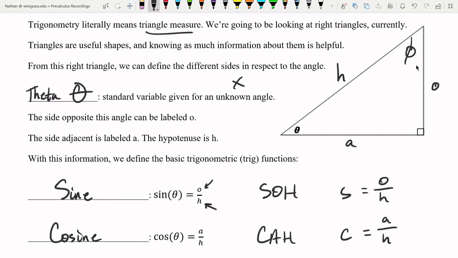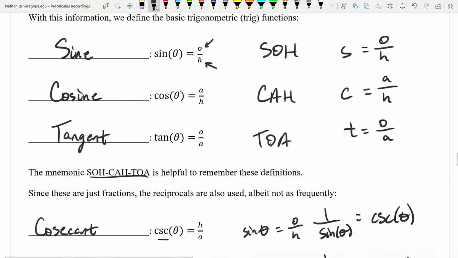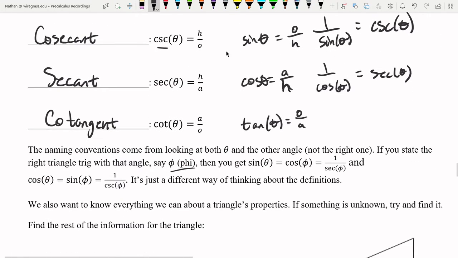Of course, it's the same triangle, so there's going to be. And as I show here, this is the relation that sine of theta is the same as 1 over secant of phi. So it's a different way of thinking about how you define the trig functions, and this is the standard way of doing it.